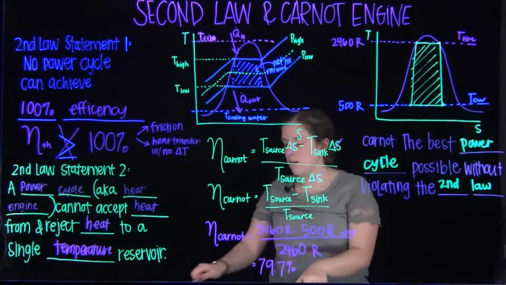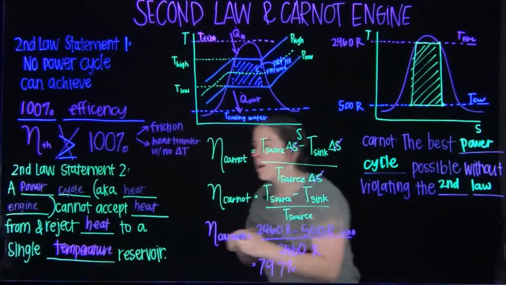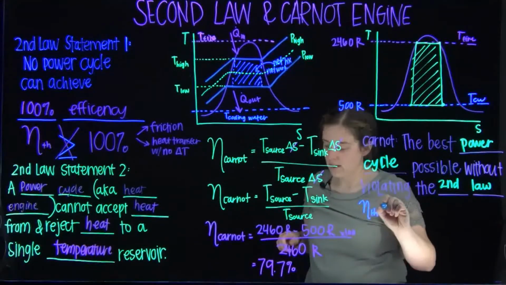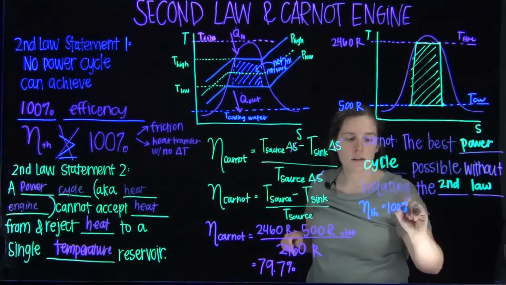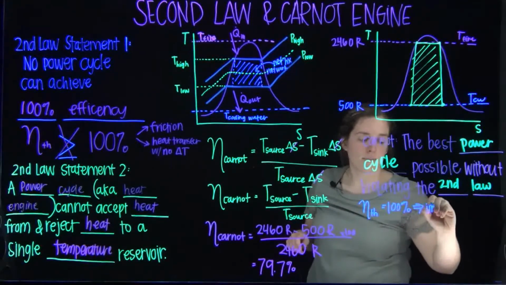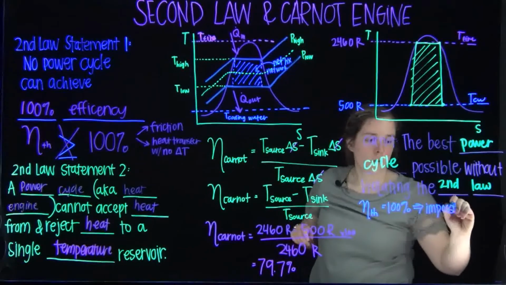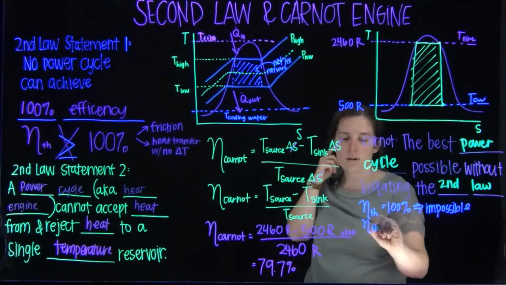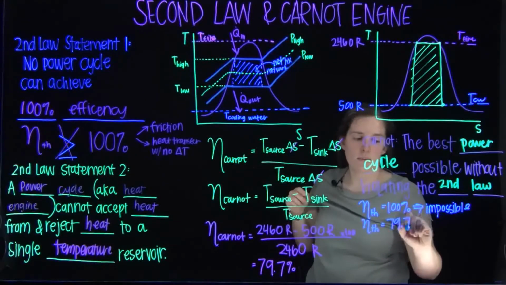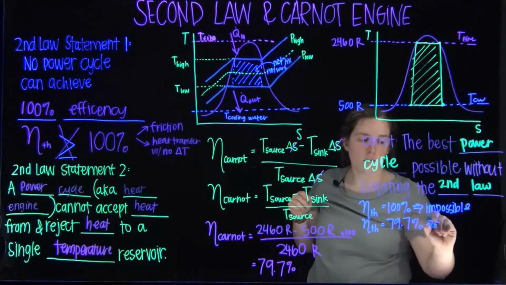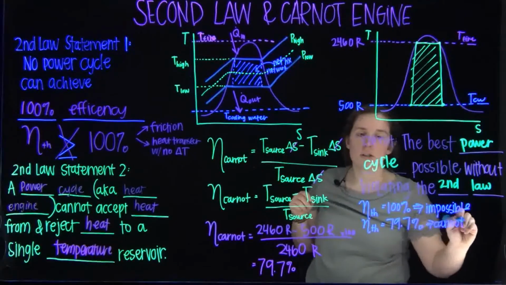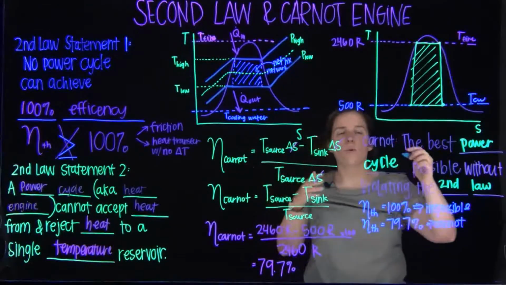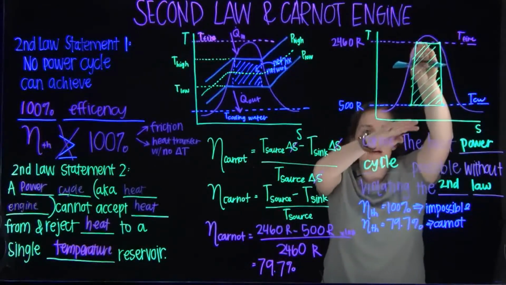And thinking about giving a hierarchy of what we know about thermal efficiencies. Let me grab a different color again here to not confuse this. We know that our η thermal equal to 100% is impossible. And then we know that our η thermal equal to 79.7% is our Carnot, which is still not achievable because, although we're not violating the second law, we just can't maximize in that way.